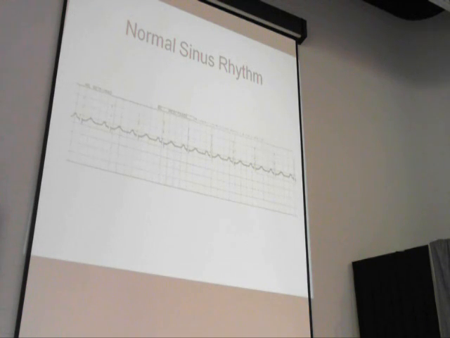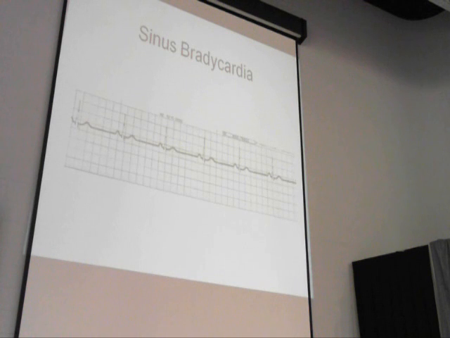All the players are there. Like sinus bradycardia, all the players are there. They're just slow. Sinus tachycardia, all the pieces are there, but for some reason you're going too fast. Sinus bradycardia. Sinus means all the pieces are there.